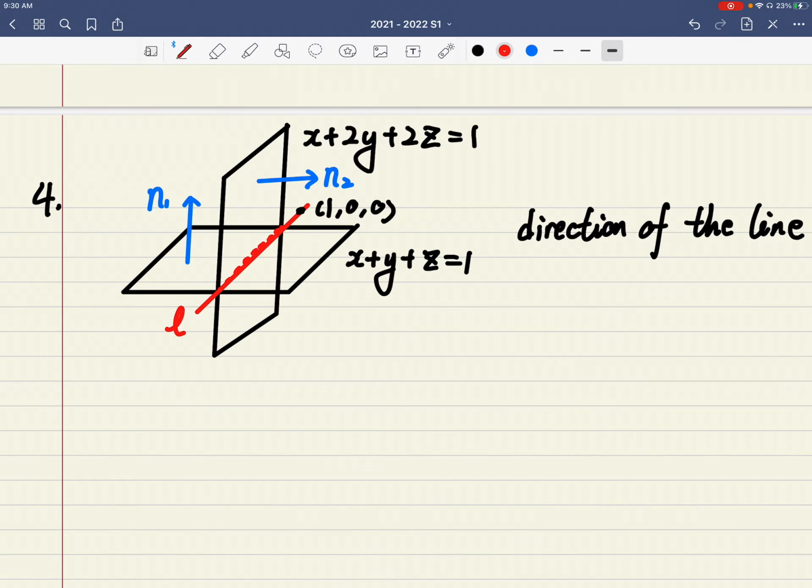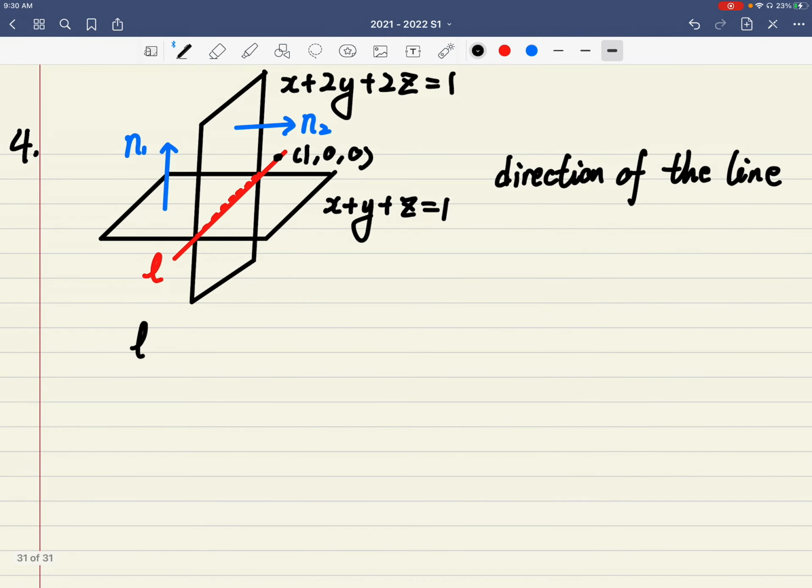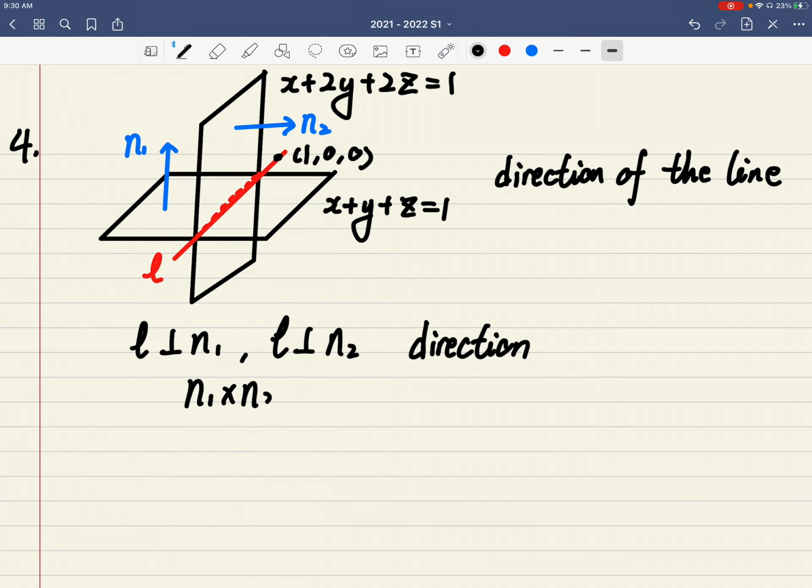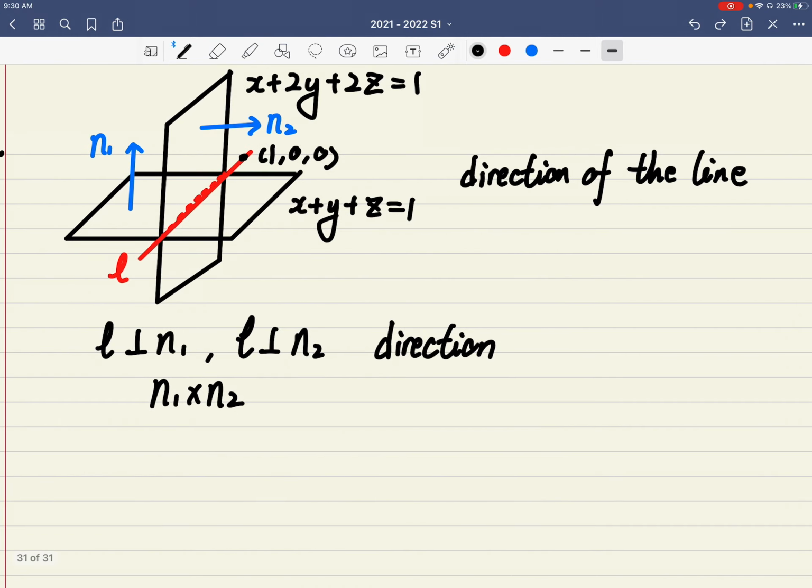Let's call it L. So L is perpendicular to N1 and L is perpendicular to N2. Remember, the cross product gives you a new vector that is perpendicular to both. So to get the direction vector, you can just use N1 cross N2.